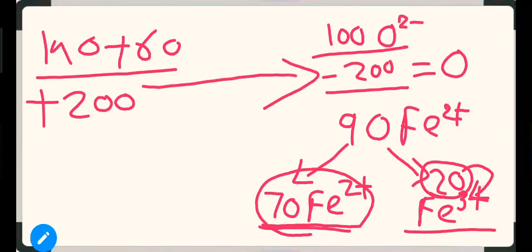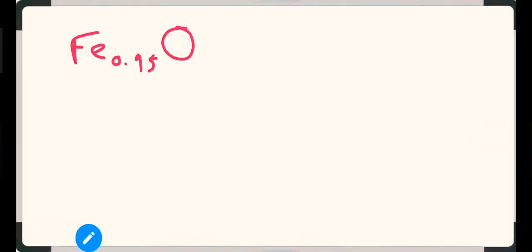So neutrality is maintained. That is how the quantity of metal decreases and the compound is still neutral. If you see this type of formula, it is actually a mixture of FeO and Fe2O3. Now let us discuss numericals.